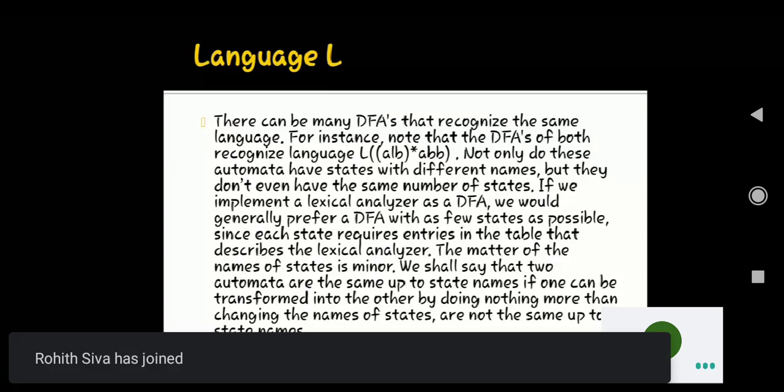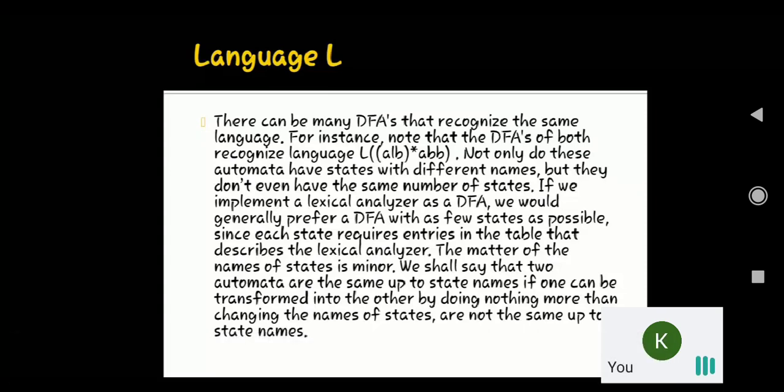Here we have an algorithm. This particular algorithm is going to minimize the number of states of a DFA. We are going to take the DFA which has 5 states, and using this algorithm we are going to convert that DFA into another DFA which has 4 states.